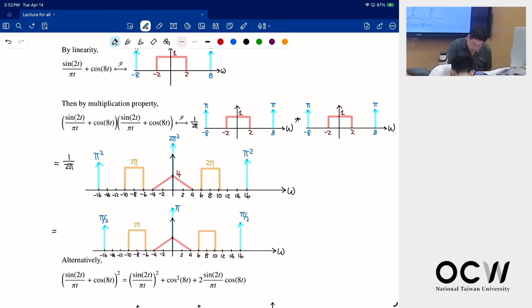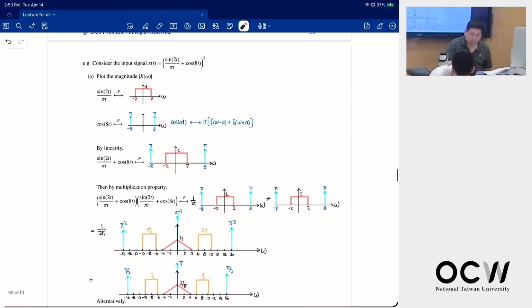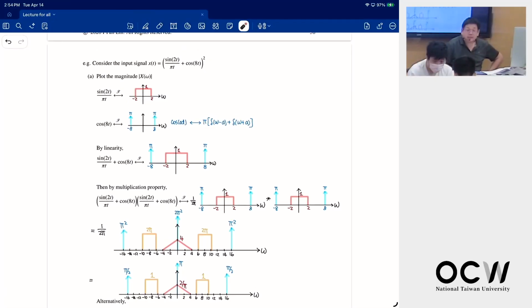And this is 2 over pi. And this is 1. And 1. This is one way that you can find the Fourier transform, or how do we express the signal in frequency domain.